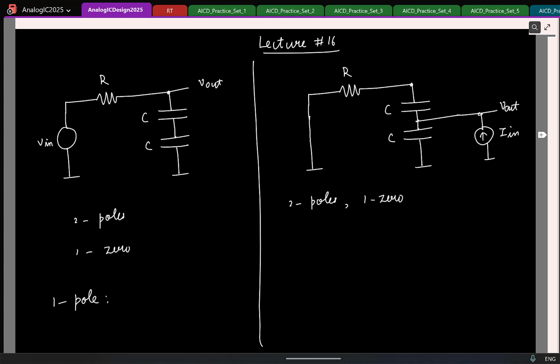Right? Since it's a simple circuit, we can directly calculate the transfer function. So let us say V out of s is I in of s times the impedance we have. And what is the impedance we have here? 1 by sC. Okay, actually, let's look at this as the output instead.